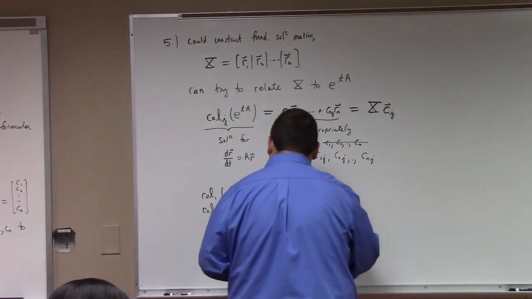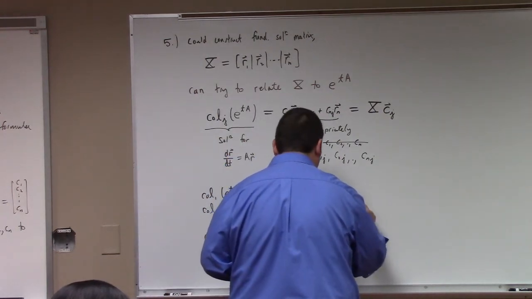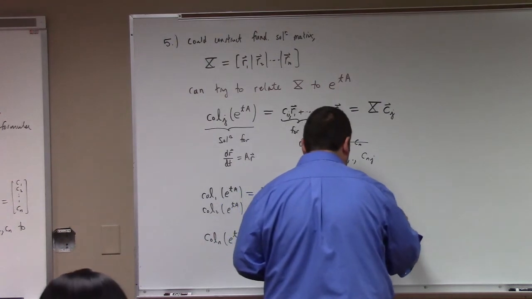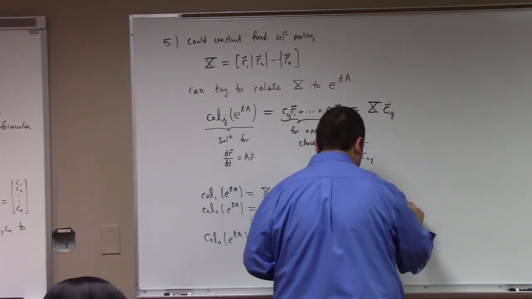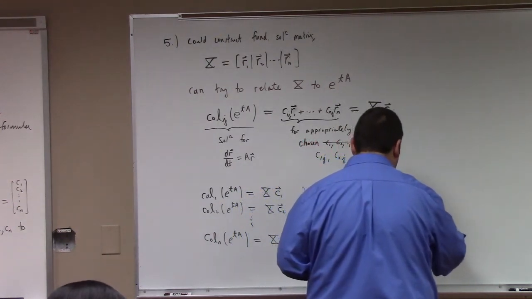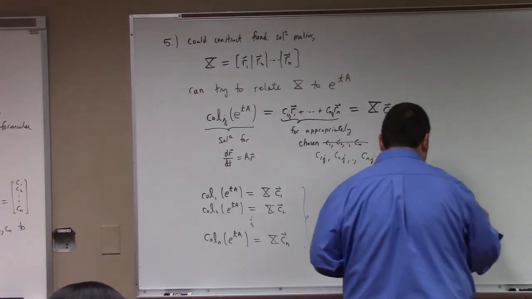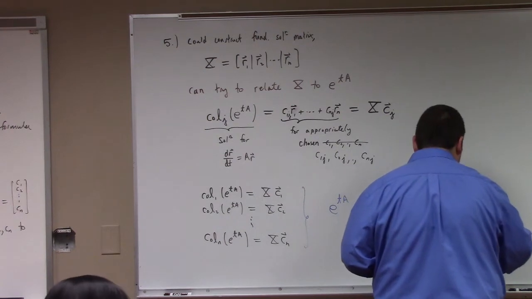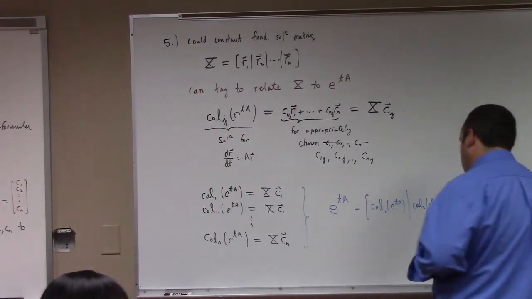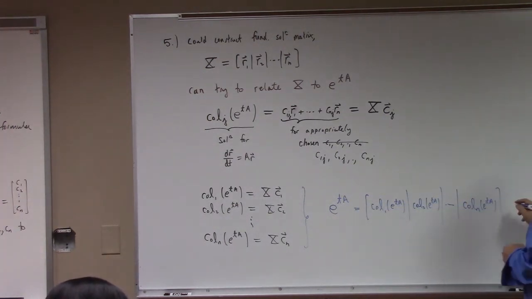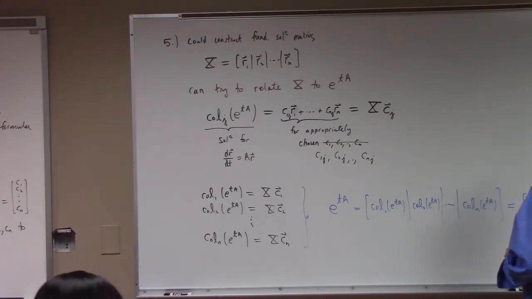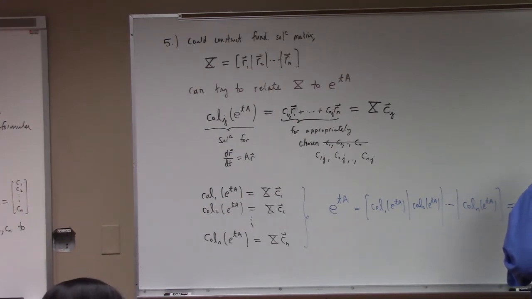So what would e to the ta be? Well, it's column 1 of e to the ta glued together with column 2 of e to the ta, and so forth until we get to the nth column. Now, as I've just argued, that's equal to x times c1, x times c2, x times cn.